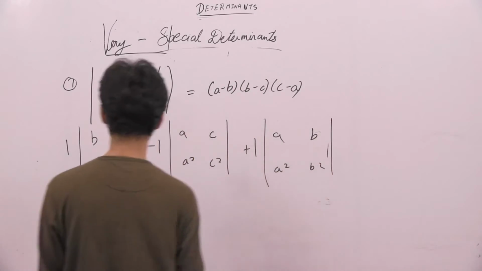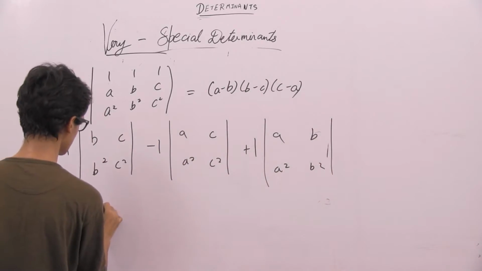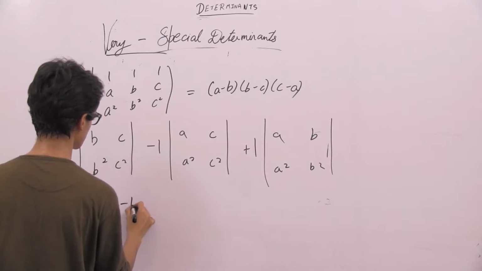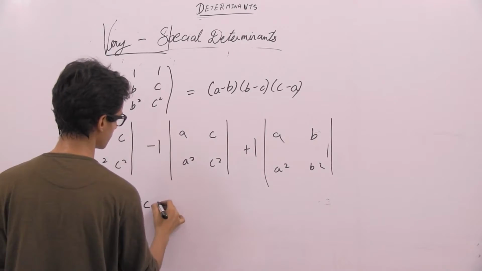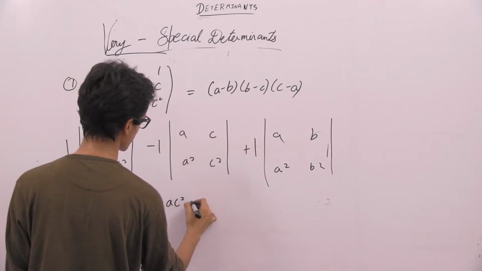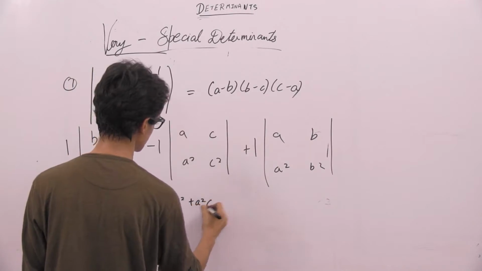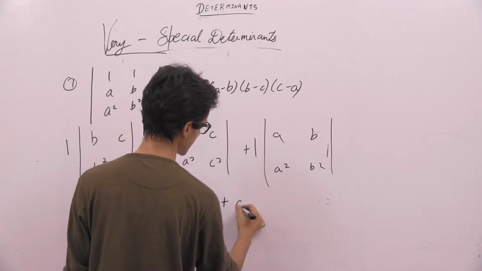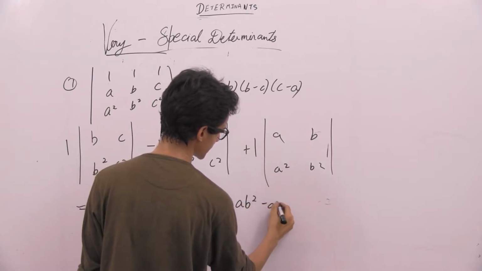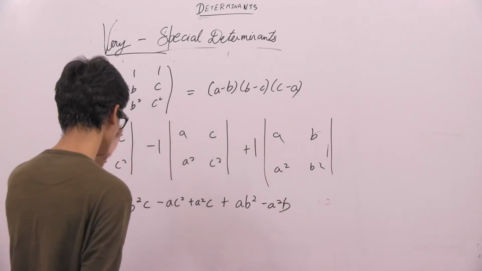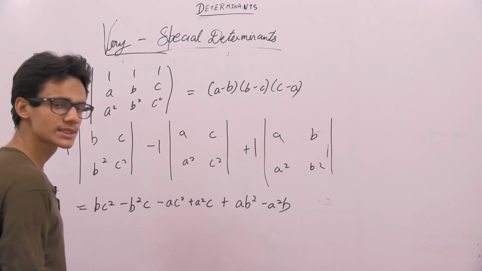Now expanding this, we get bc square minus b square c minus ac square plus a square c plus ab square minus a square b. So how can we get something in common?